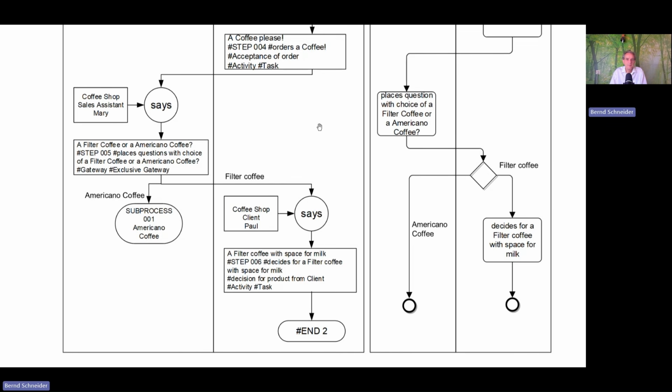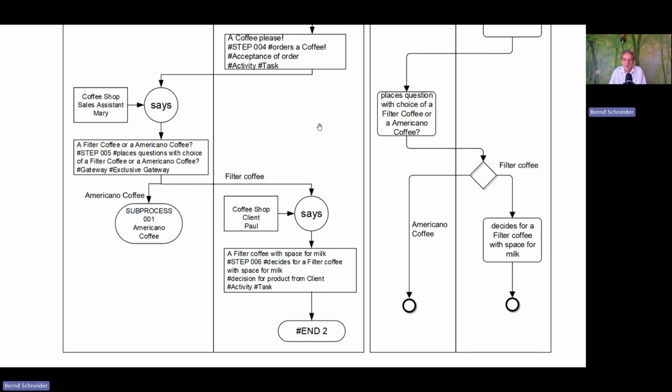And these questions have been used on the right side. But the right side is first of all an activity and task. And there the question is places questions with choice of a filter coffee or Americano coffee.